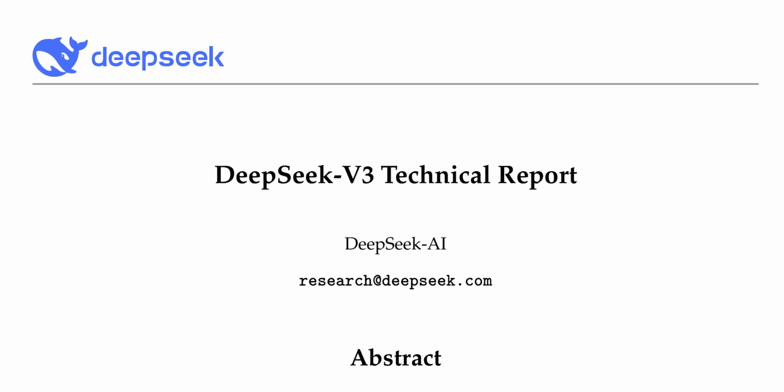Compared with Qwen2.5 72B Base, the state-of-the-art Chinese open-source model, with only half of the activated parameters, DeepSeek-V3-Base also demonstrates remarkable advantages, especially on English, multilingual, code, and math benchmarks.